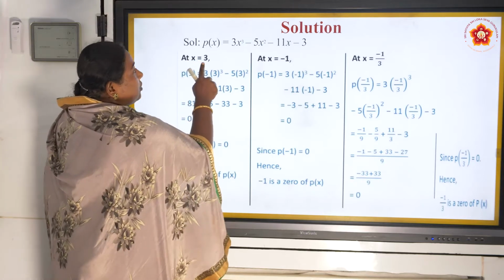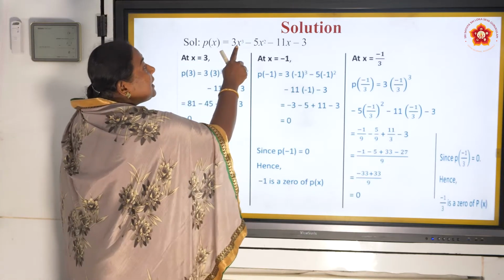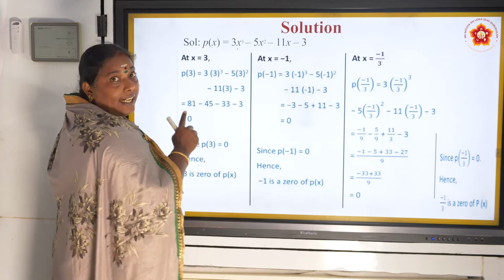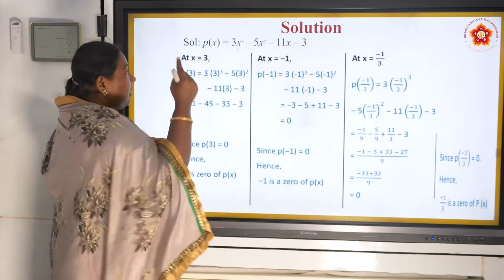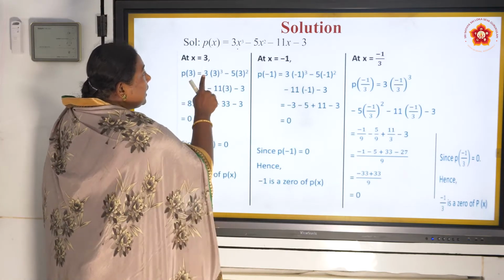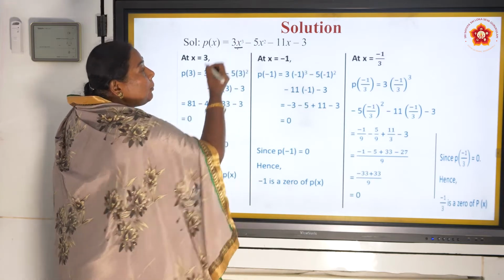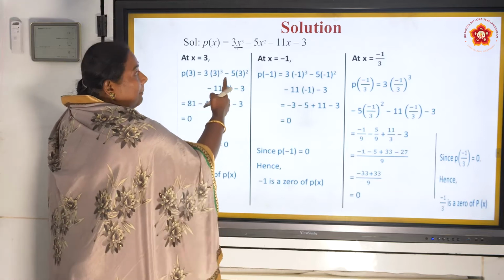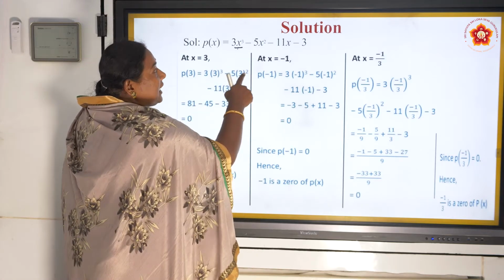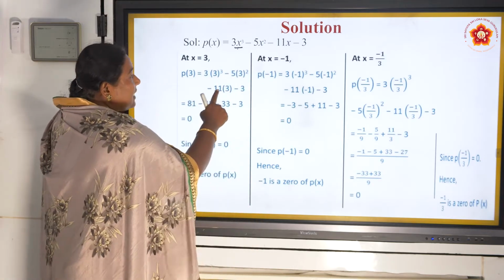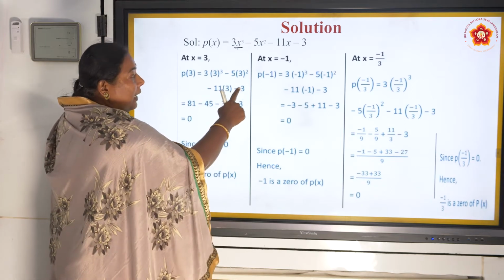At x is equal to 3, I am going to put 3 in the place of x. Wherever I have x, I am going to put 3. So I have 3 into 3 cube, because x cube is there, minus 5 into 3 square, minus 11 into 3, minus 3.